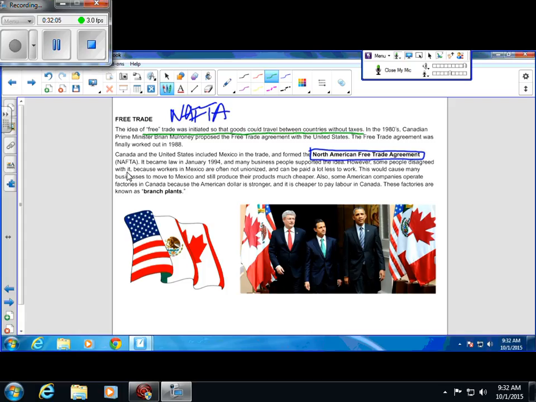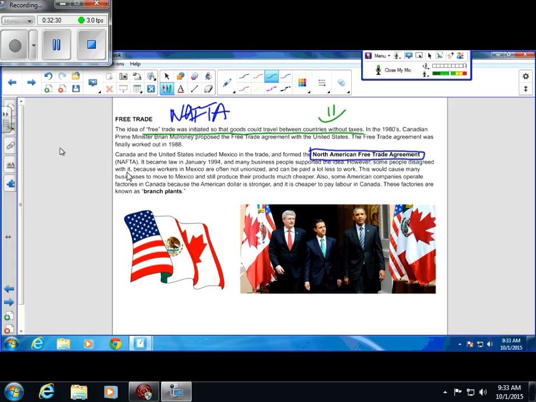Okay, I'm going to put a little happy face beside it, because that's a good thing. These are the positive things about free trade. Again, NAFTA basically means that countries like Canada, Mexico, and the United States can trade goods and supplies back and forth between each other without paying taxes. Okay, that's the plus side of it.